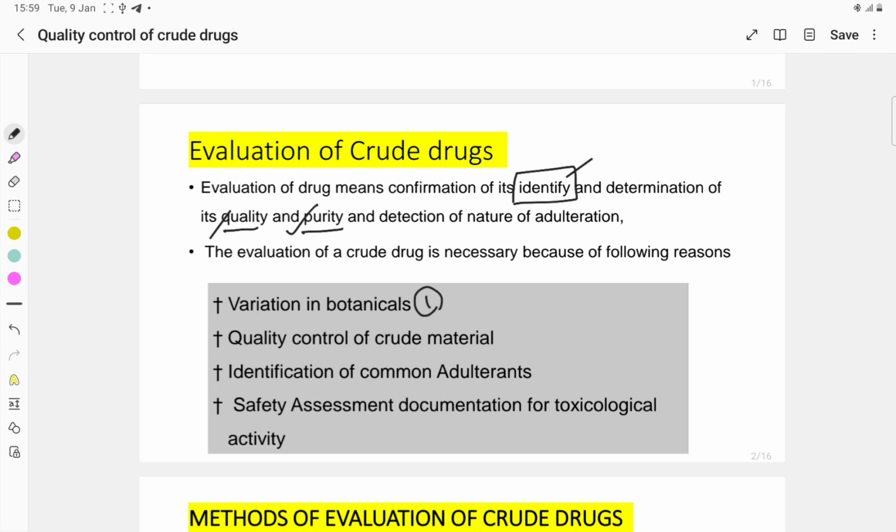But you know that if the same plant is cultivated in different conditions, there is a chance of variation in chemical constitution. Suppose A is a plant.